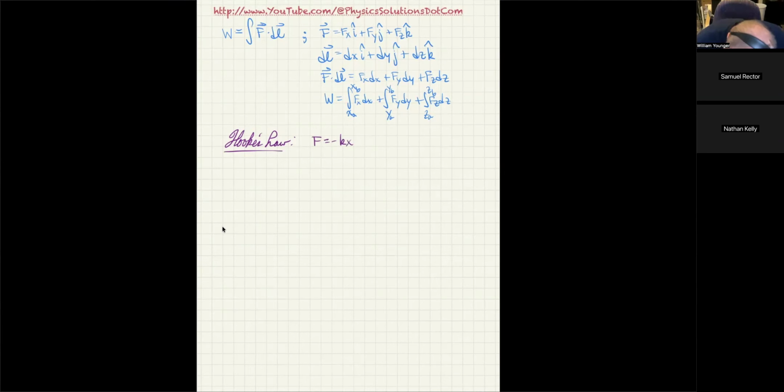And what you're picturing here is, let's imagine that this is our x coordinate system. Let's imagine, for instance, that we have a floor right here and a wall right here, and that what we're dealing with is a spring that is in equilibrium right there at x equals 0. That's equilibrium.